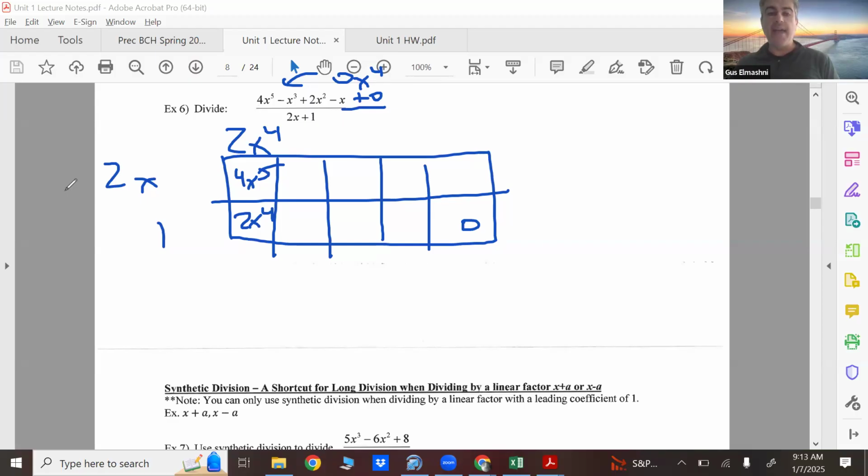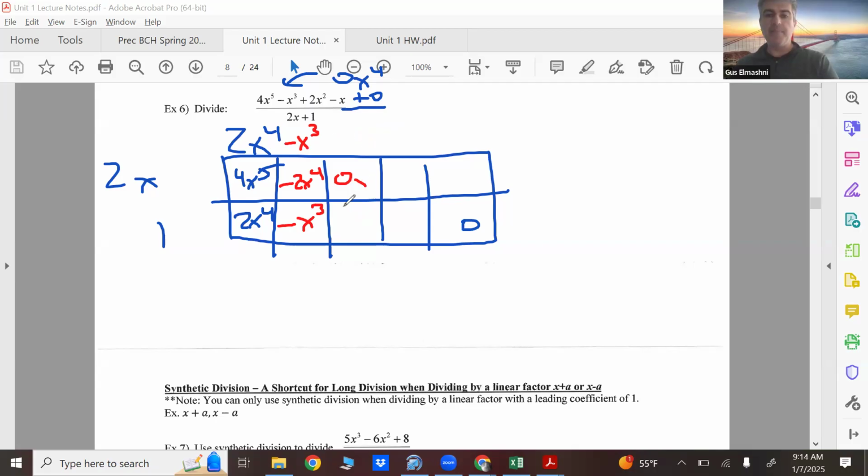So you're going to make that negative 2x to the 4th here. You see why I made negative 2x to the 4th? So that becomes 0. So now this has to be negative x cubed. What's 1 times negative x cubed? Negative x cubed. Now I need negative x cubed in my numerator, so that's going to be 0x cubed.